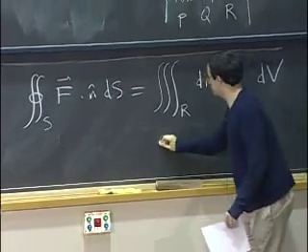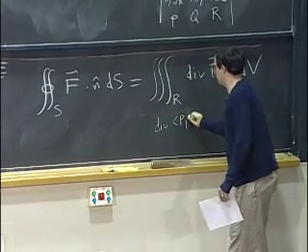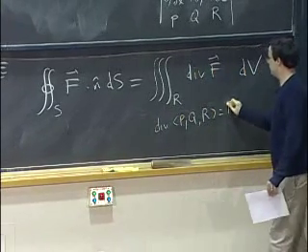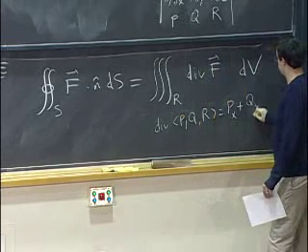And remember, the divergence of a vector field with components P, Q, R is Px plus Qy plus Rz.